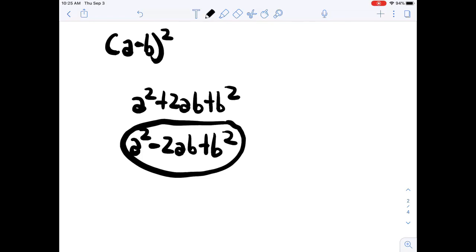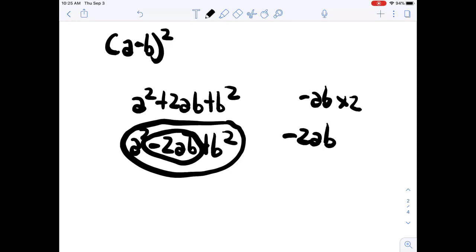Because, like I said before, we're multiplying the two terms here, so we can think of it as multiplying a by negative b, and a positive times a negative gives you a negative. So you get negative ab, and then this multiplied by 2 is negative 2ab, and that's how we get this.